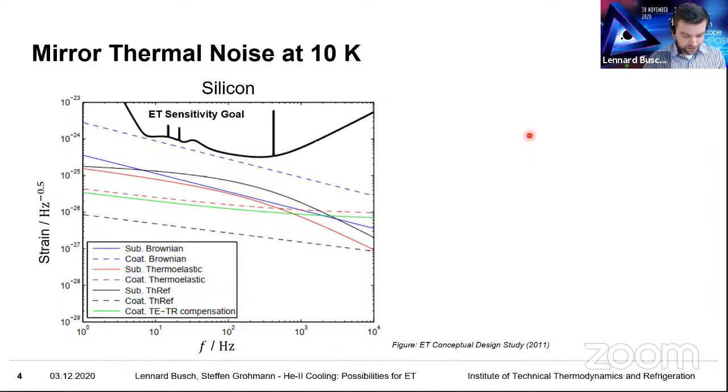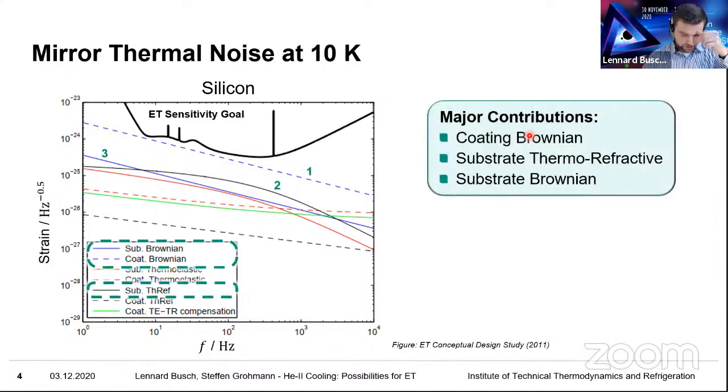The three most significant contributions are the coating Brownian noise, which we heard a very interesting talk, by the way, of Jessica on today as well, and the substrate thermorefractive noise and the substrate Brownian noise.